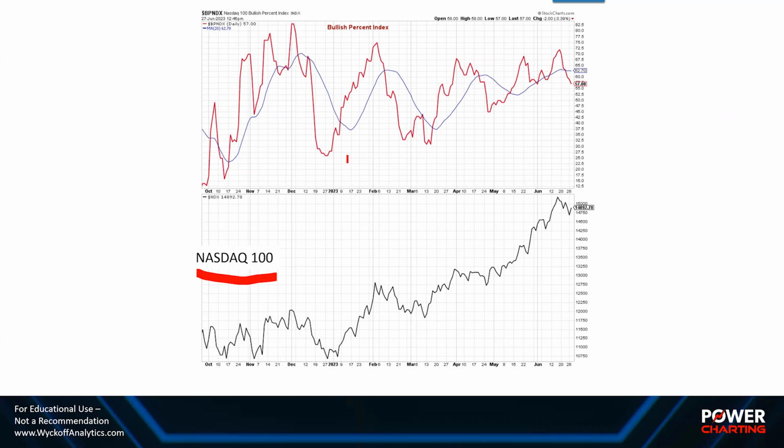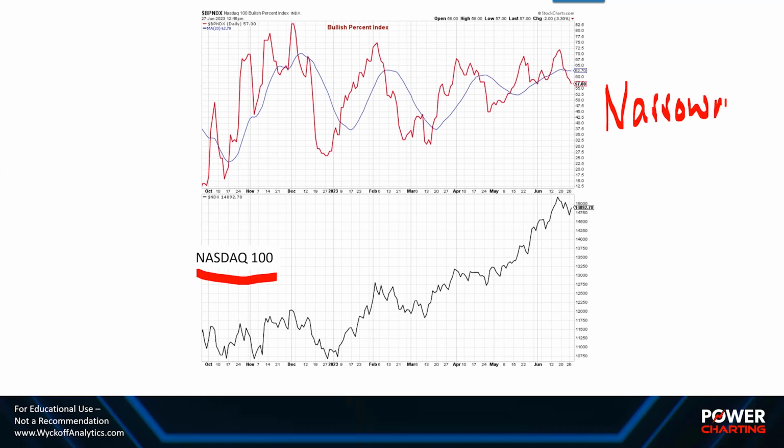Note here that the January rally had much better Bullish Percent breadth than did the March rally or the May rally or the June rally. So you can see diminishing thrusts in the Bullish Percent, which in my mind means that this is a market that is narrowing.